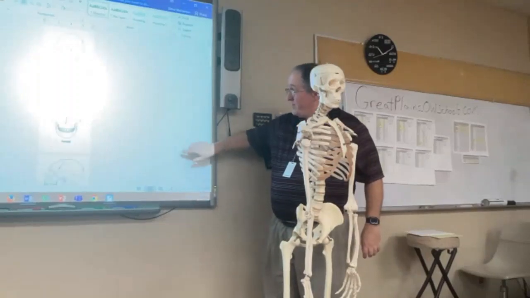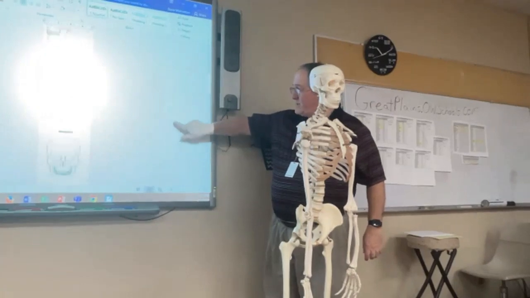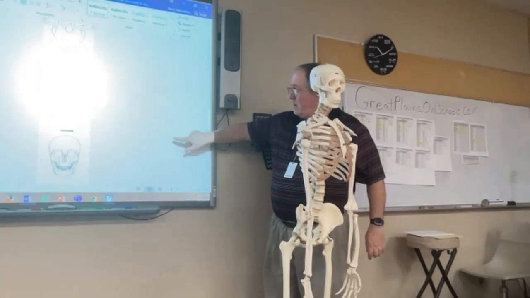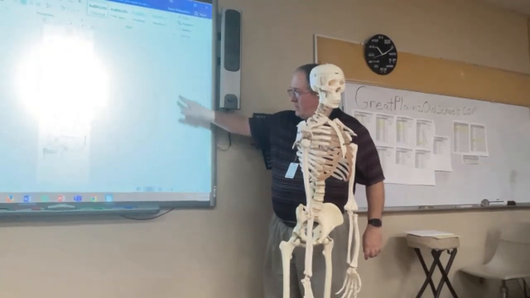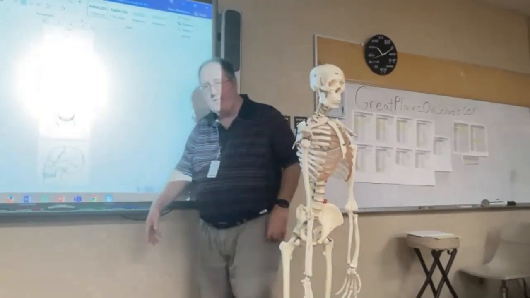I've made pictures of them, but these are the bones straight out of the book. Got race and gender. But these are the pictures, and I can blow those up if we need.